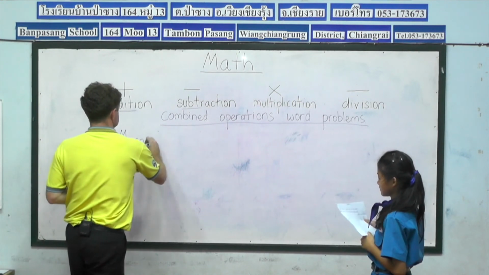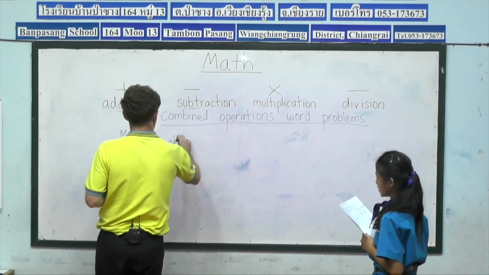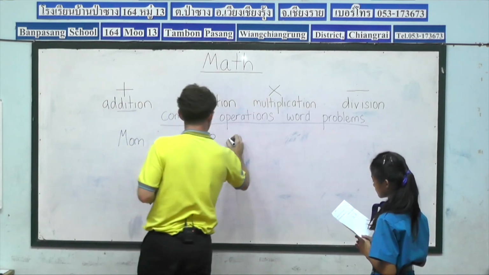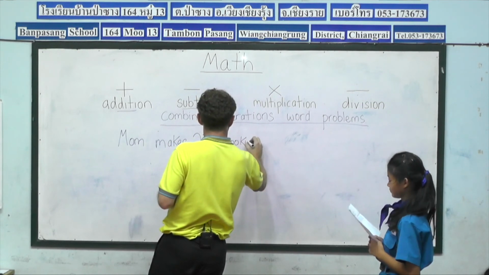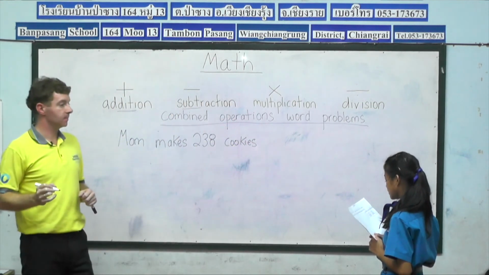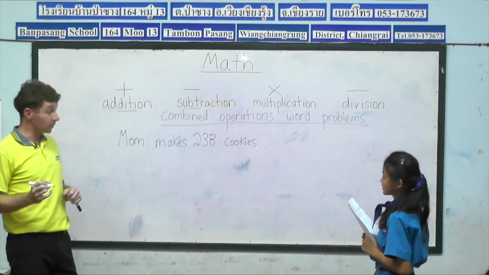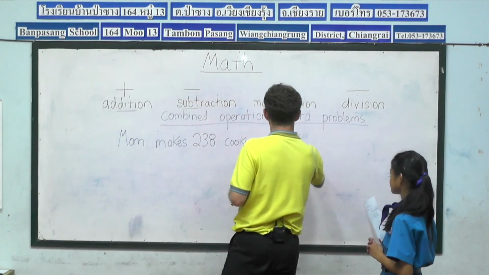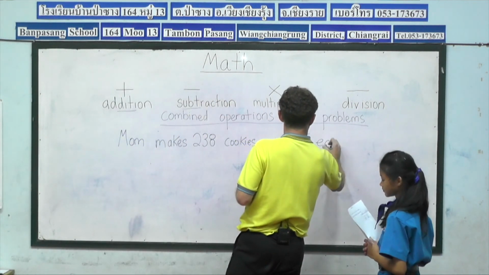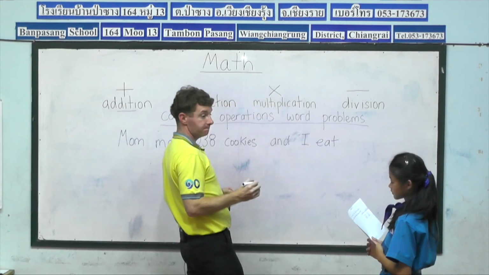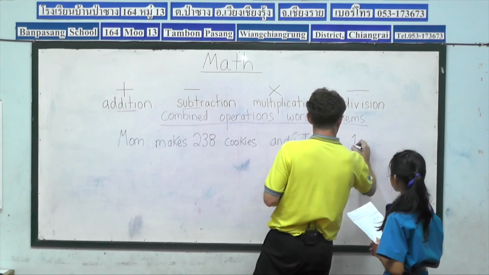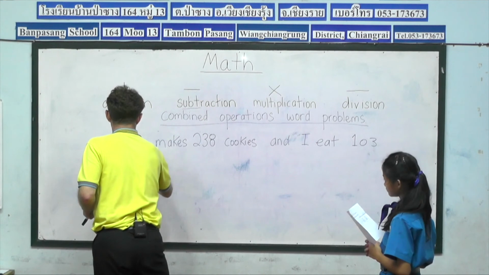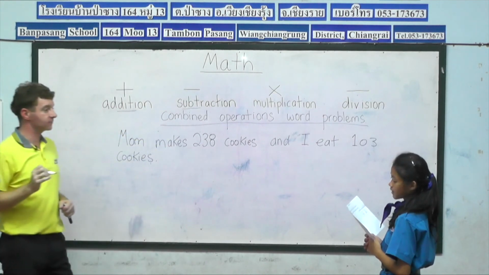Mom makes 238 cookies. Okay. And I eat 103 cookies. Wow, okay. And what's next?